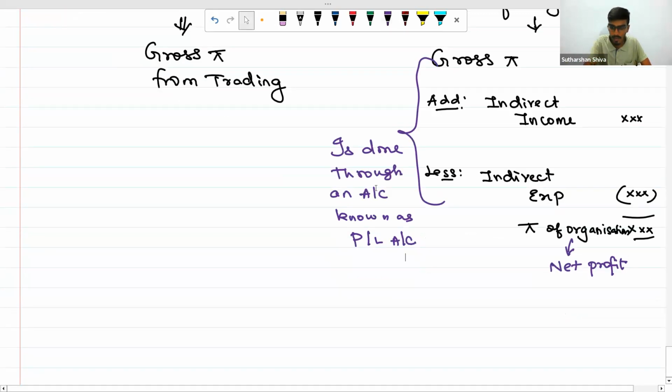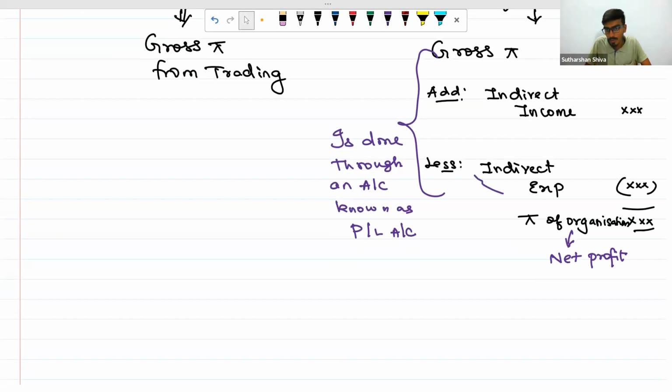Next, we are going to decode what is indirect expenses and what is indirect income.